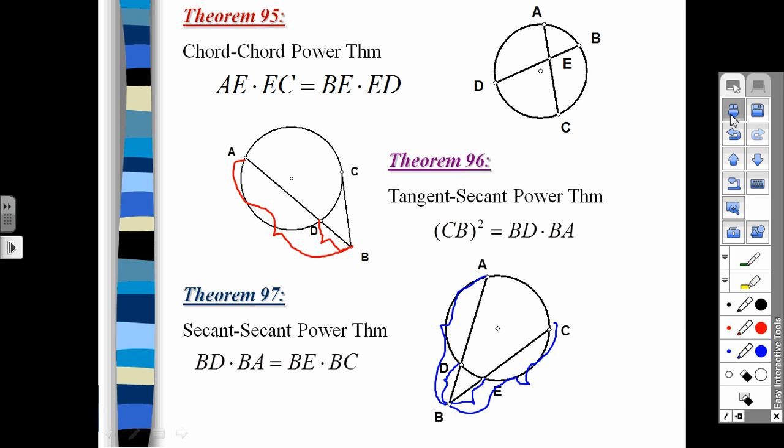Okay, so little piece times the whole thing equals little piece times the whole thing. So just be careful not to do this little piece times the chord equal to this little piece times the chord. That would not be correct.